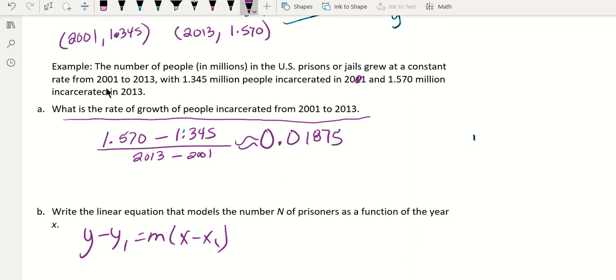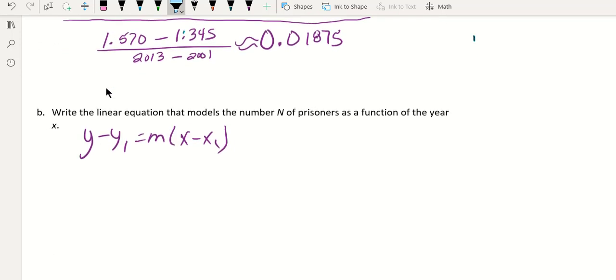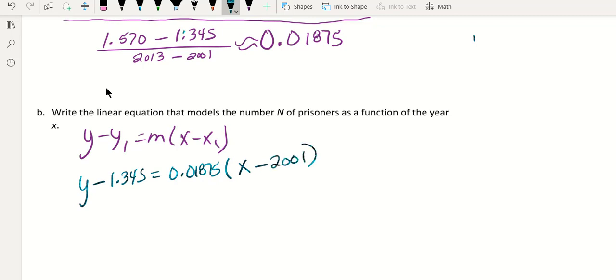I am just going to pick the first point that we have here, which is 2001 and 1.345. So y minus 1.345 equals 0.01875 times x minus 2001.